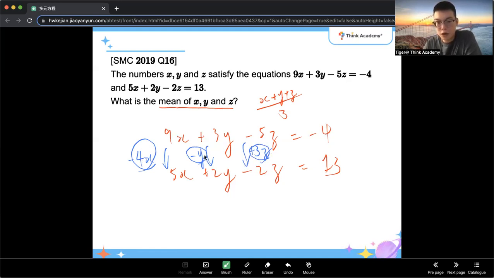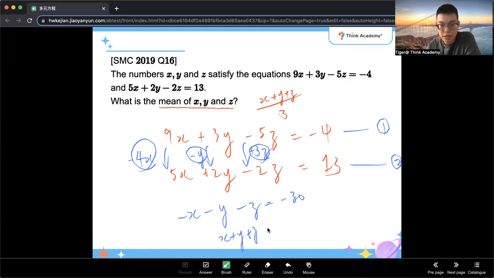Such that if you are discovering the relationship between them, you just need to take away 2 times equation 2 from equation 1, such that you get minus x, take away y, take away z, equals minus 30, which means x adding y adding z is 30. So this comes from equation 1, take away 2 times equation 2.